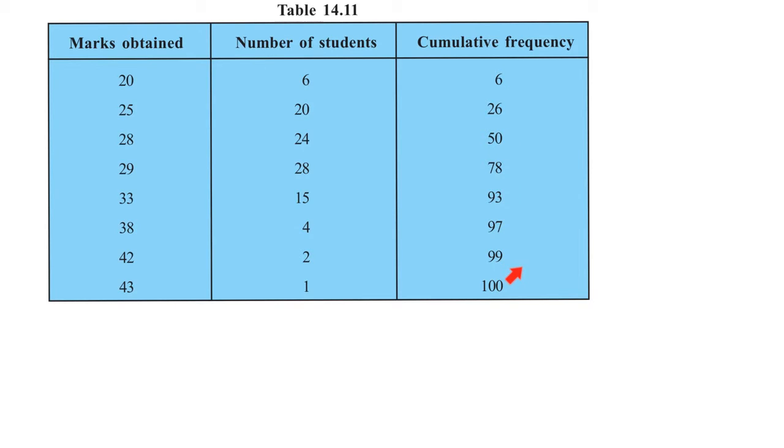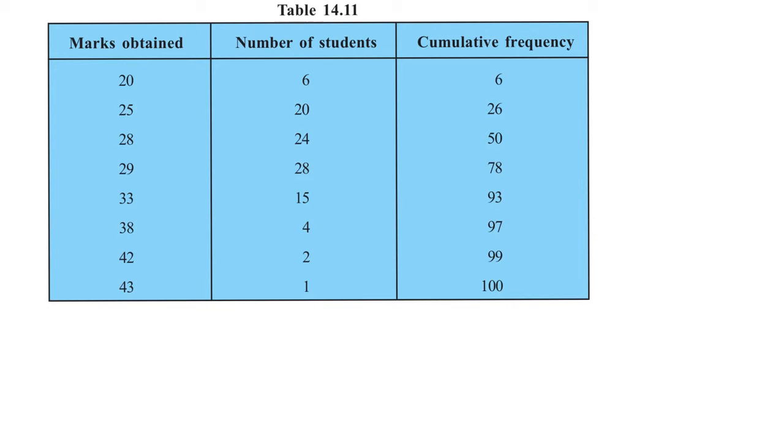So now we can easily find from this table what our 50th observation is: 28. What is our 51st observation? It will be 29. Now we can easily take the average. Our 50th observation was 28 and our 51st observation was 29.